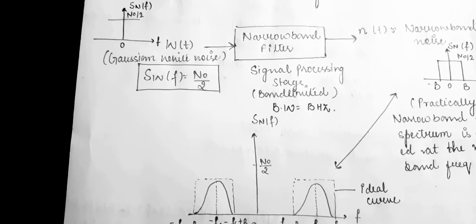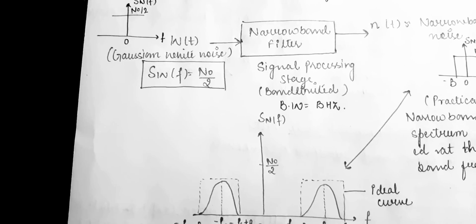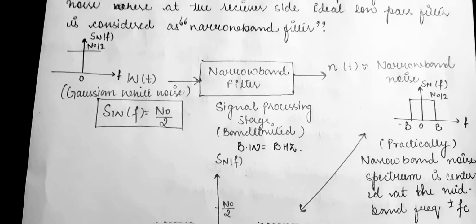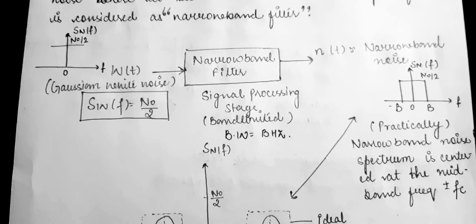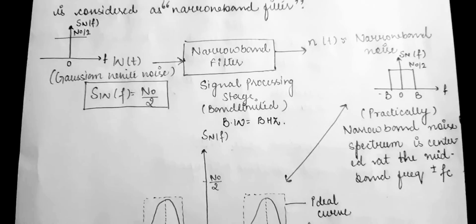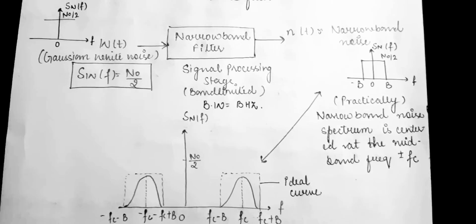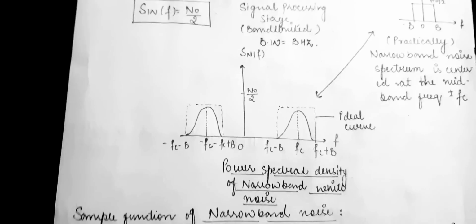Now it is passed through a narrowband filter, the signal processing stage where the bandwidth is limited to B hertz. When it passes through the narrowband filter, at the receiver side we get n(t), that is your narrowband noise. Practically, we can represent the narrowband noise spectrum like this.